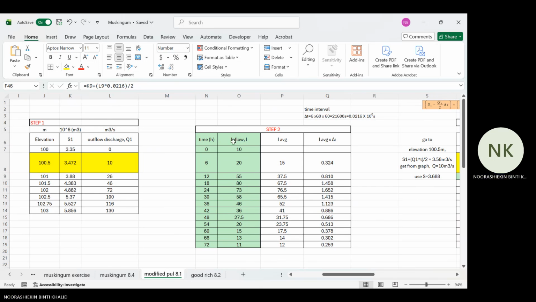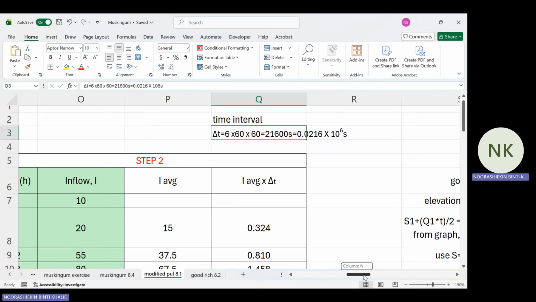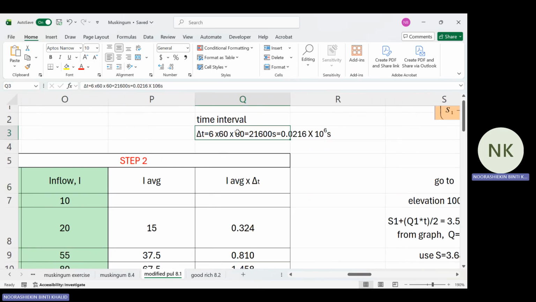Step number 2, you have to find I average. So you have I given, so you find out I average. 10 plus 20 divided by 2, you get 15. Then you times with time. You see here how to get time. Time is 6 hours and then convert into seconds. If you convert into seconds, you get 0.0216 times 10 power of 6 seconds.